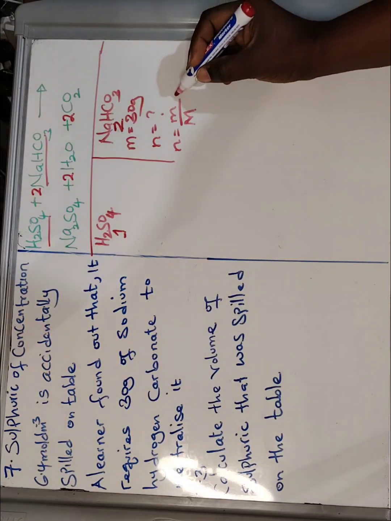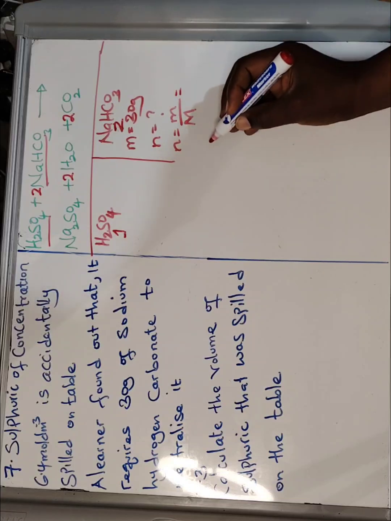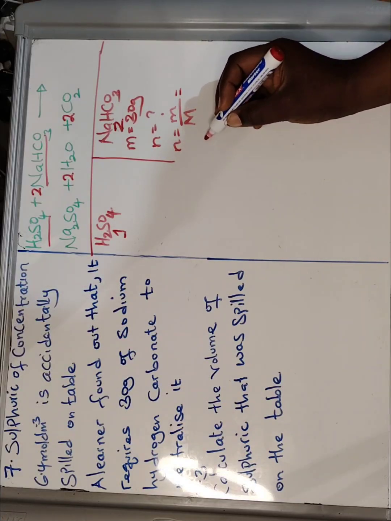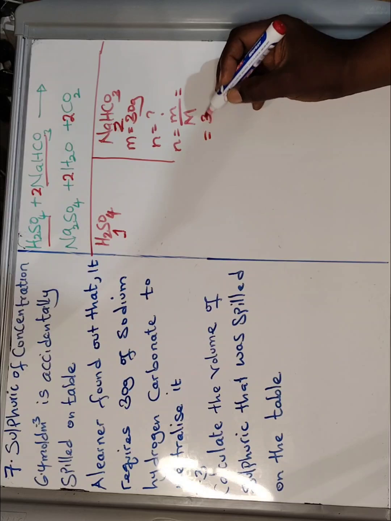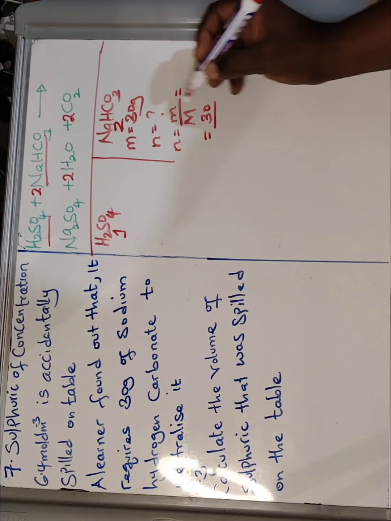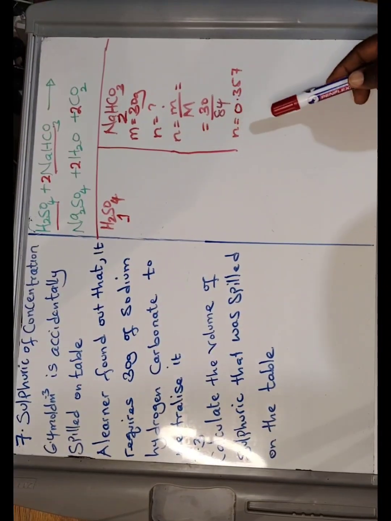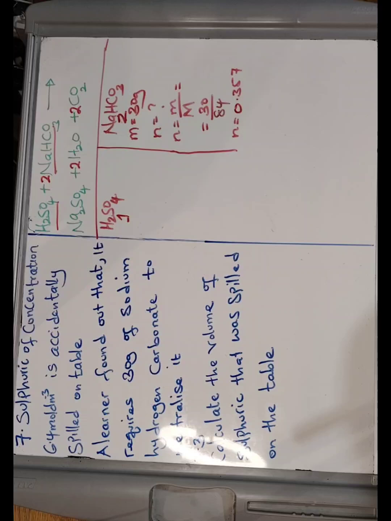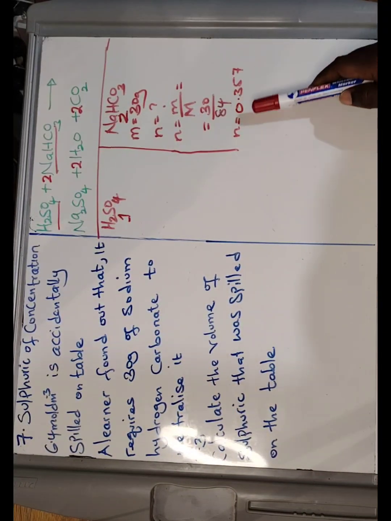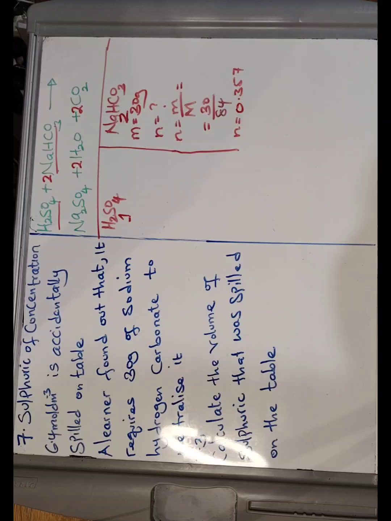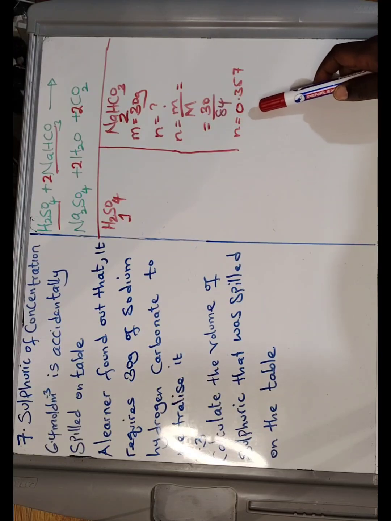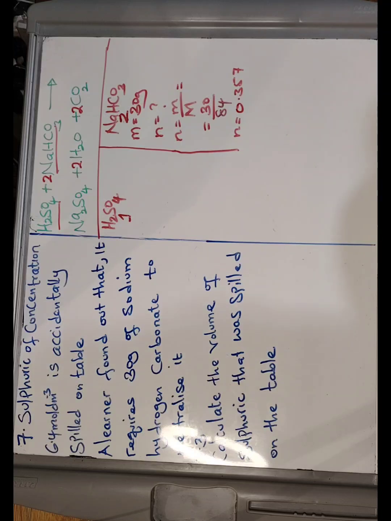Let's first substitute: mass is 30 grams, and the molar mass of sodium bicarbonate. After computation, we get the number of moles from the 30 grams as 0.357.